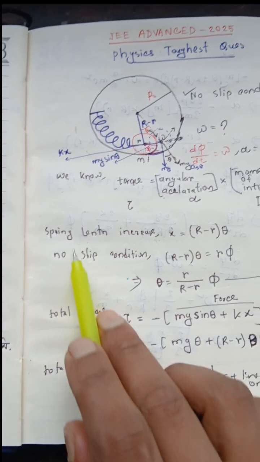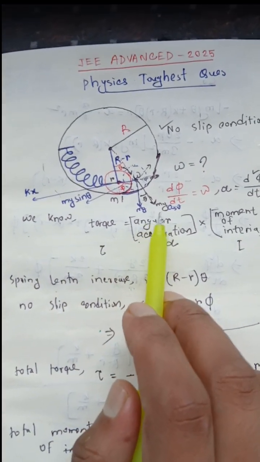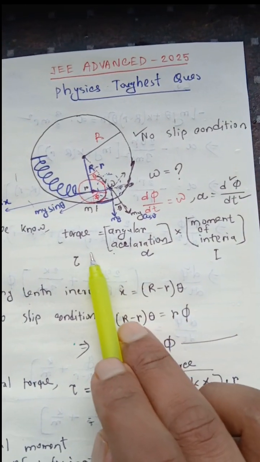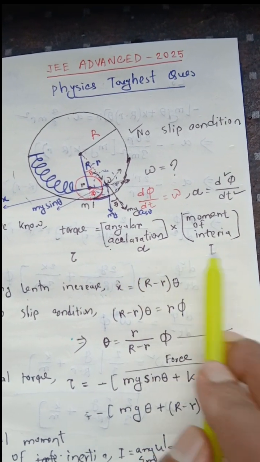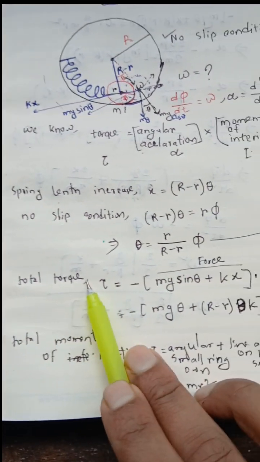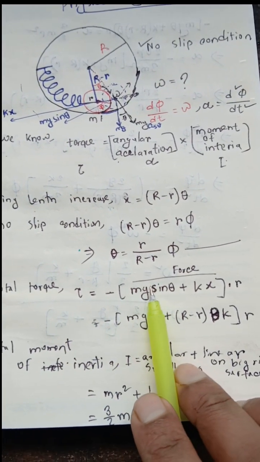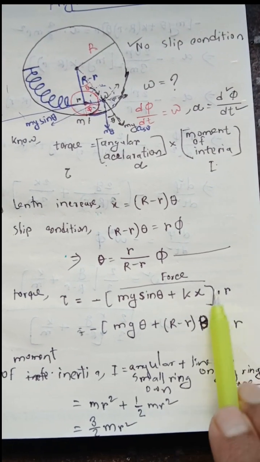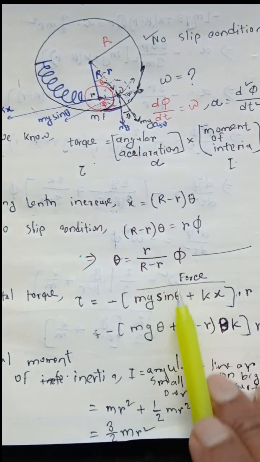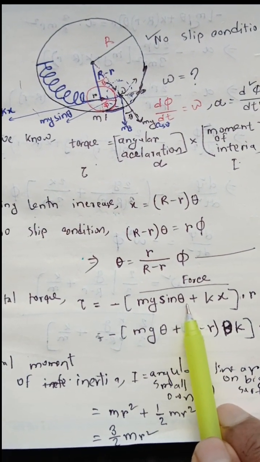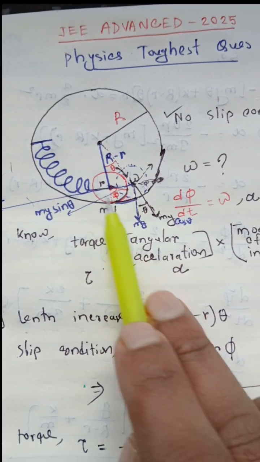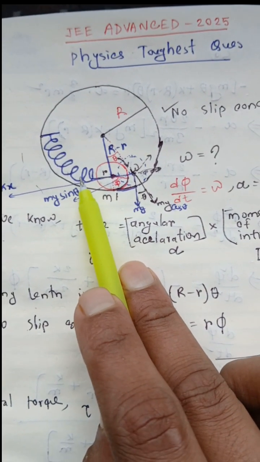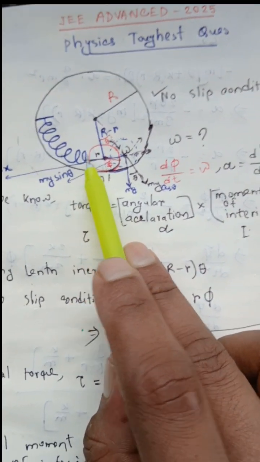Now we have to calculate the angular velocity, so we consider torque, angular acceleration and moment of inertia. We know that torque tau is equal to alpha times I. Now for the total torque tau, we find the total force times the radius of the small disc. Here we find two types of force. One is the weight, or gravitational force, of the small disc, and the other is the spring generated force, or elastic force.